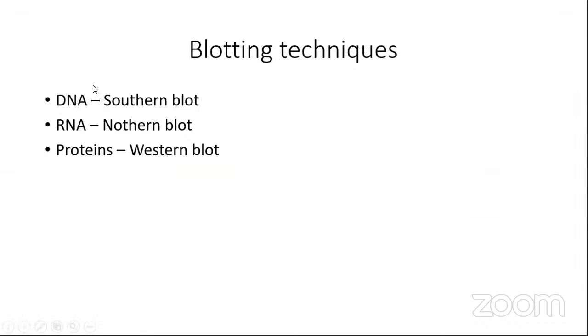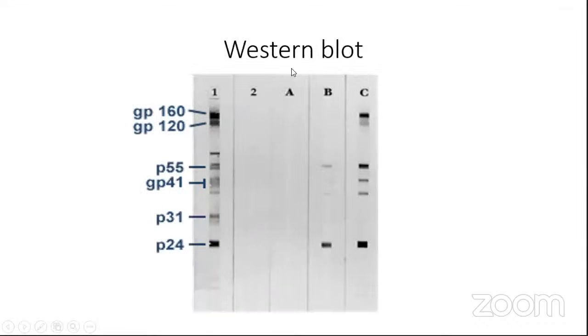If DNA is used in the blotting technique, it is called Southern blot, RNA is Northern blot, and proteins is the Western blot. Western blot, you know very well, is a confirmatory test done for diagnosis of HIV, where you can see the individual proteins separated onto the nitrocellulose membrane, and you can see the bands.